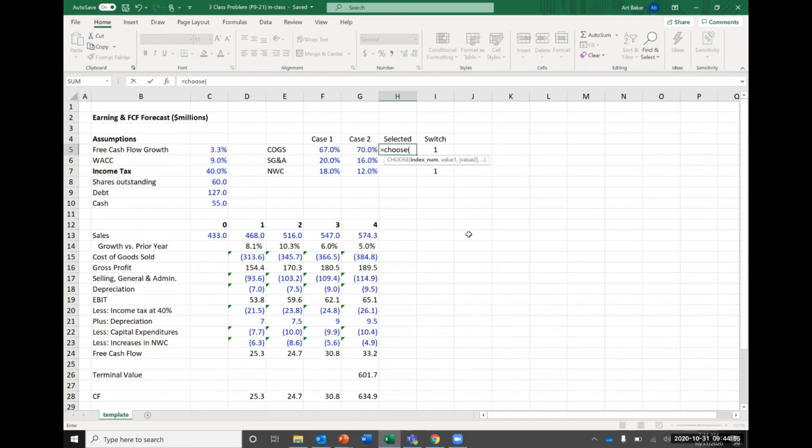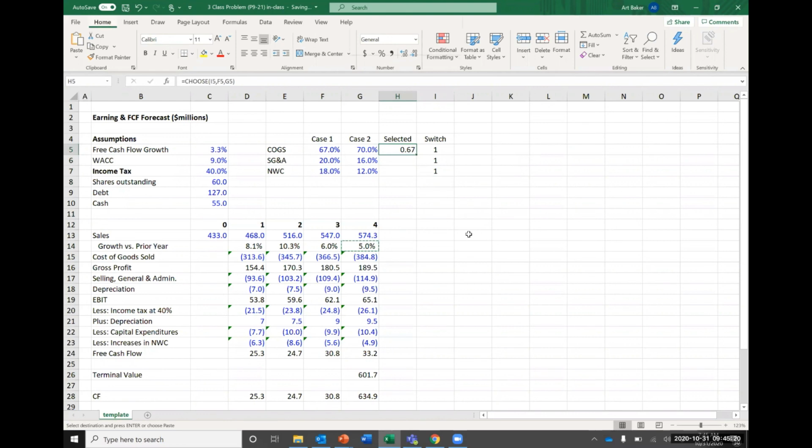So index is my switch. So my switch is 1. So what this formula does, it'll pick the first number I put in. So I said 1, it'll pick my first number. If my switch is 2, it'll pick my second number. And you can do many scenarios. It'll pick whatever the switch tells it.